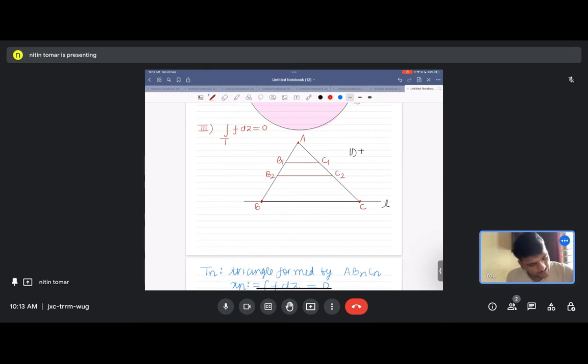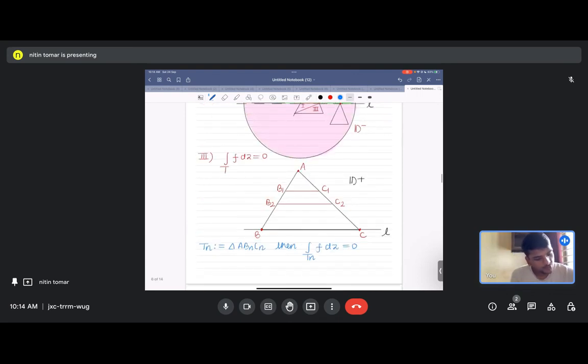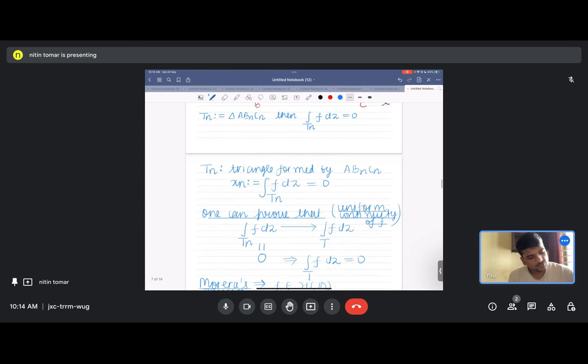So if you define your Tn to be the triangle An, Bn, Cn, then we know that the integration over Tn of f dz is 0, right? Now you keep on doing that.